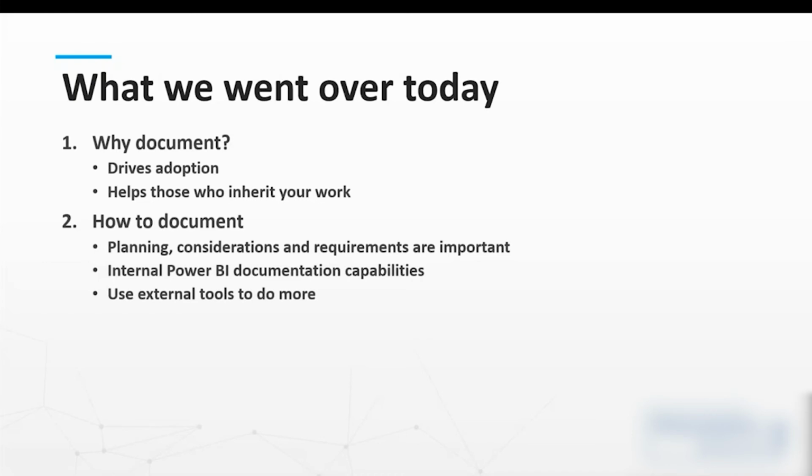Obviously the functional requirements are very important before you start any development effort, not just documentation. We talked about some of the internal Power BI documentation capabilities and metadata that you can use and where to put that. We looked at DAX Studio for a couple of different things, and gave you the list of all the other useful tools that I found out there.